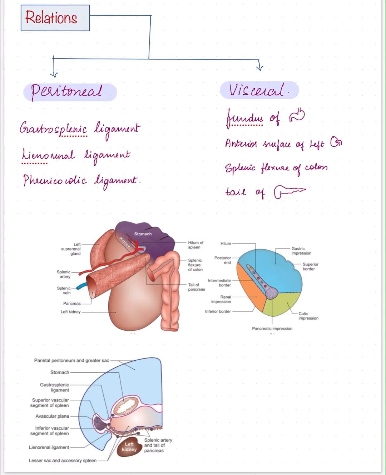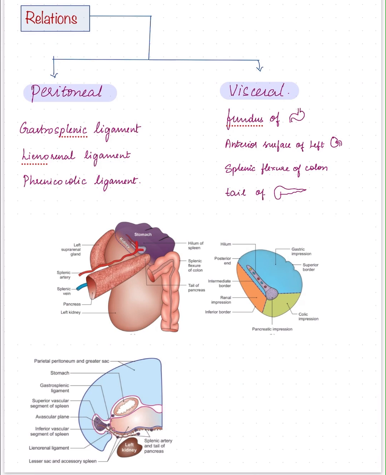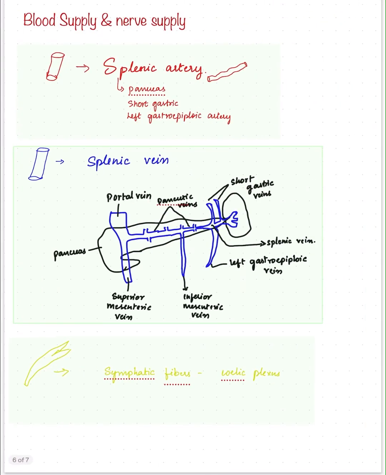So what do we have next? Blood supply and nerve supply. So blood supply, going on with the arterial supply. Which artery supplies spleen? It's the splenic artery, and it's a branch of celiac trunk, and it is tortuous. Why is it tortuous?